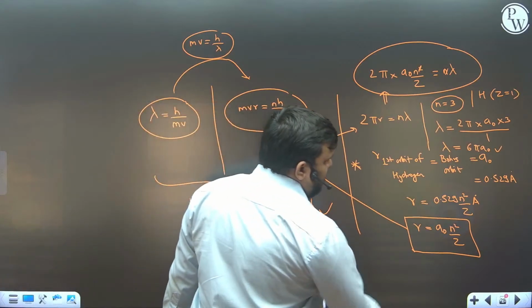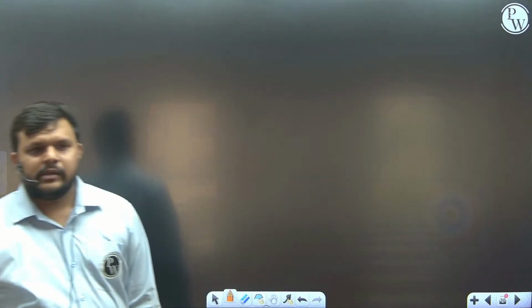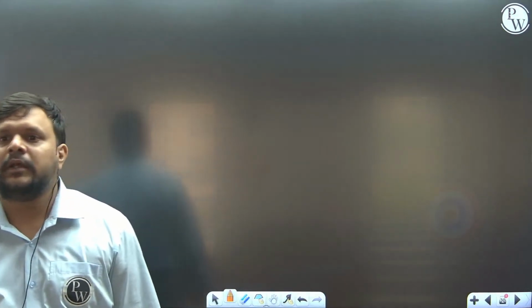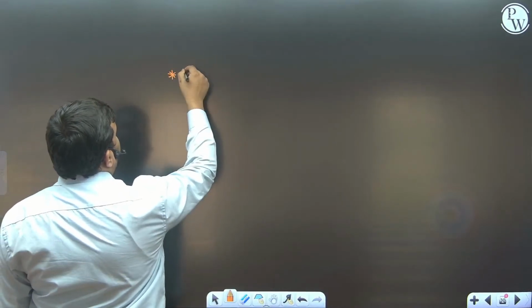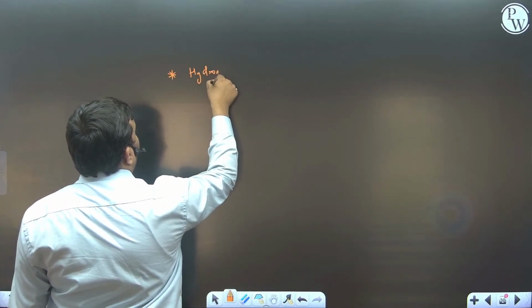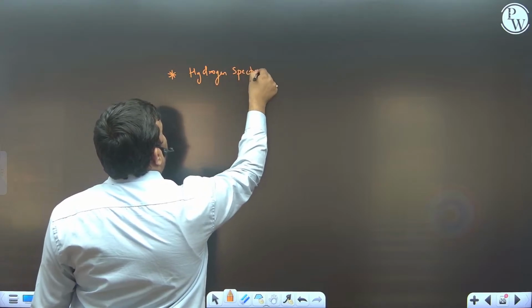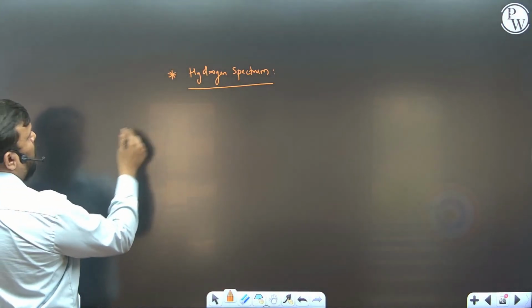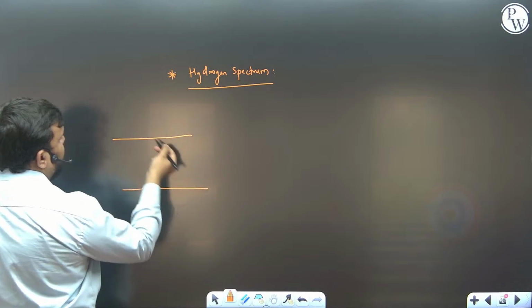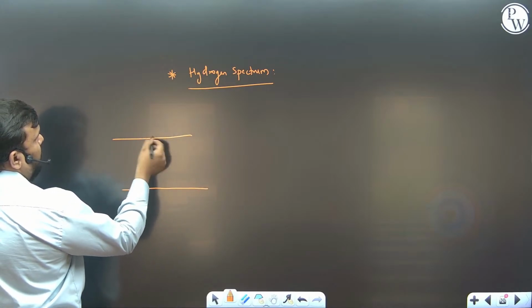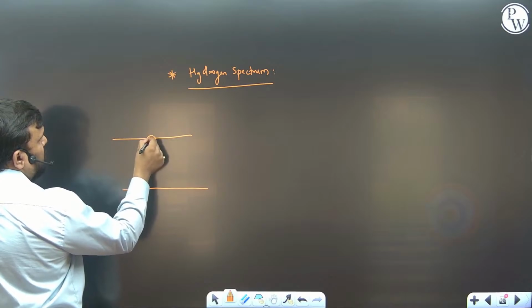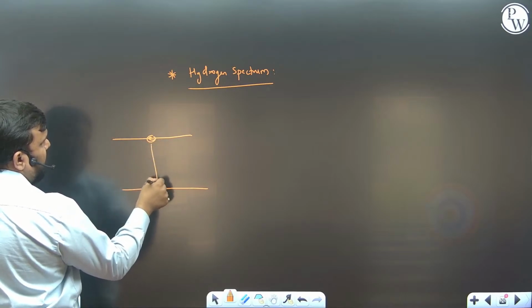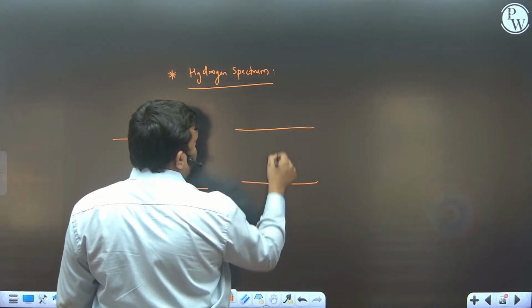So this is another concept, that is de Broglie hypothesis, where he considered that the electron shows dual nature, particle nature as well as wave nature. Next important concept we can have is the hydrogen spectrum. After the Bohr model, we can have in-depth details where we will be talking about the electron either getting de-excited or getting excited.